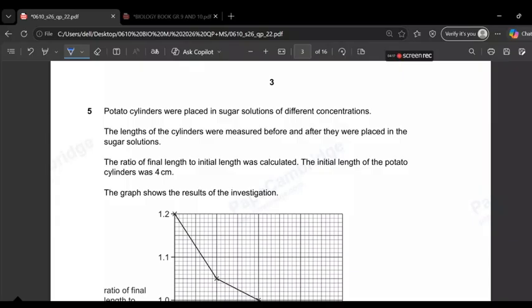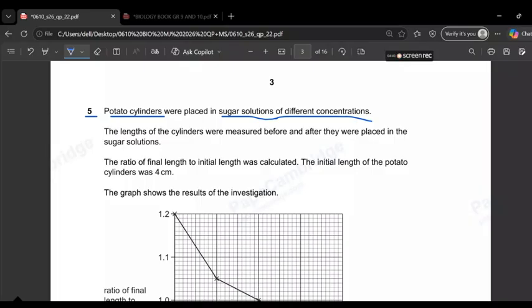Okay, so we are now at question number 5. Question number 5 says, potato cylinders were placed in sugar solutions of different concentrations. So you have some potato cylinders and different sugar solution concentrations.